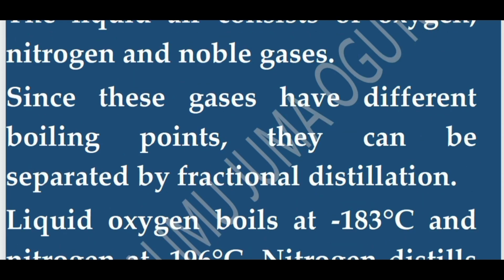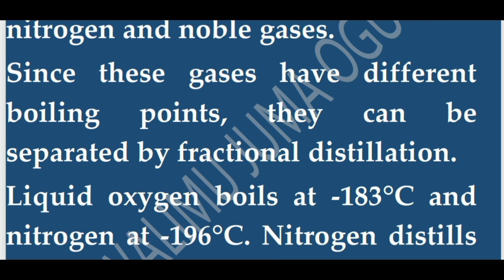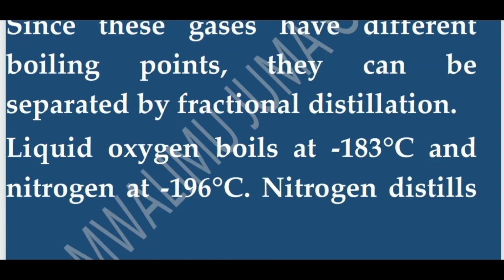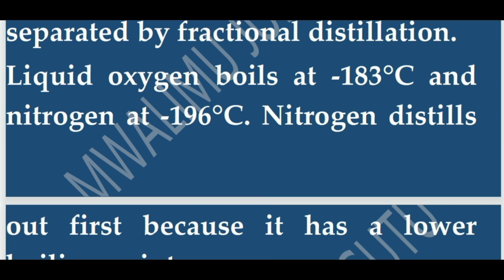Since these gases have different boiling points, they can be separated by fractional distillation. So liquid oxygen boils at negative 183 degrees Celsius, and nitrogen at negative 196 degrees Celsius. So we are saying that nitrogen distills out first.